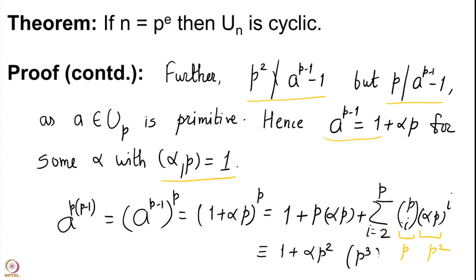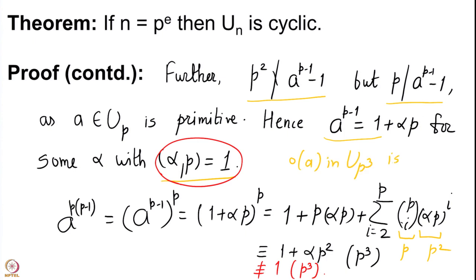But remember that alpha comma p is equal to 1, and therefore this is not congruent to 1 mod p cube. So, the order of A modulo p cube cannot be p into p minus 1, and therefore the order of A in u p cube has to be p square into p minus 1, which is what we wanted.